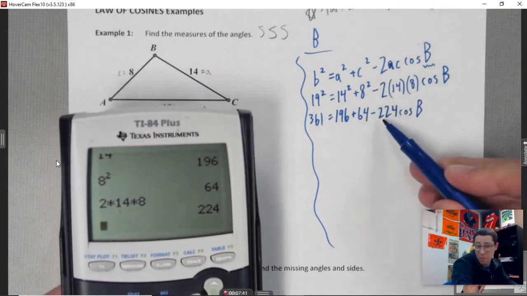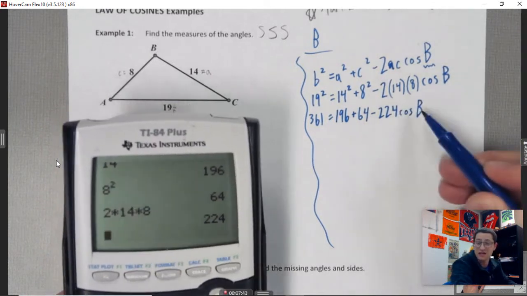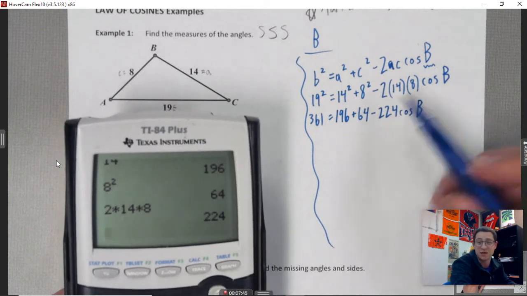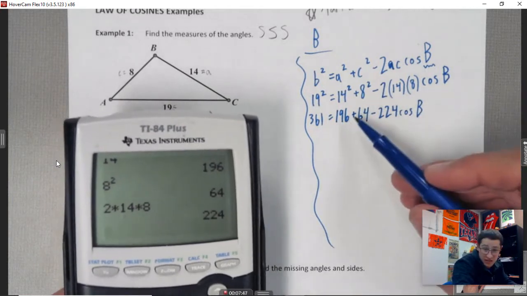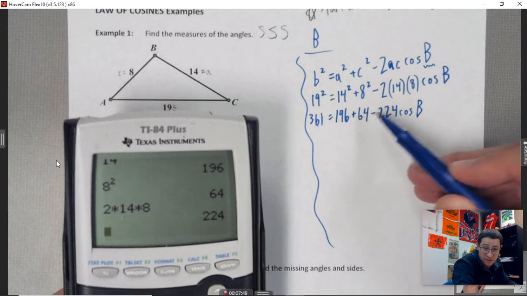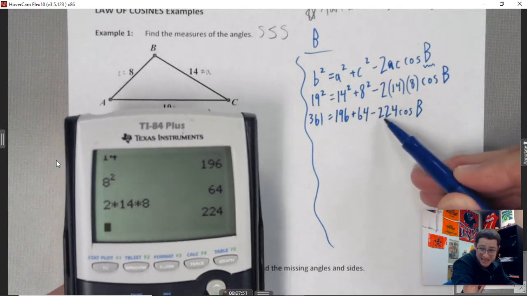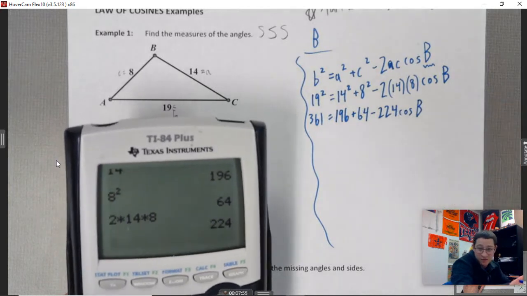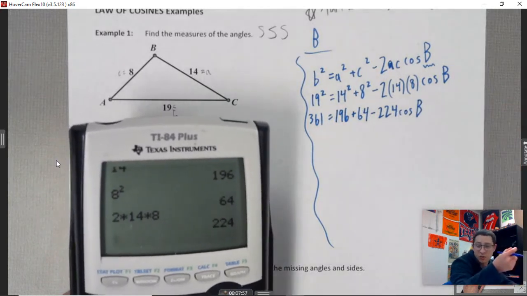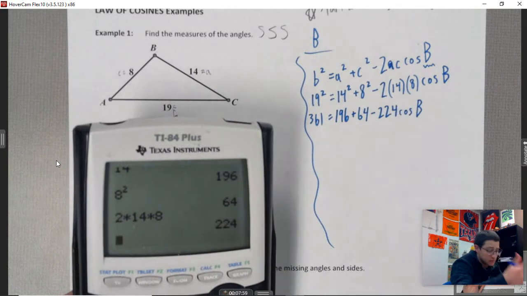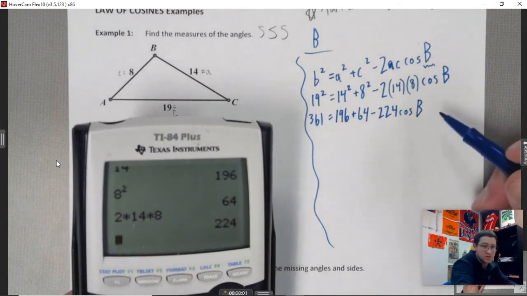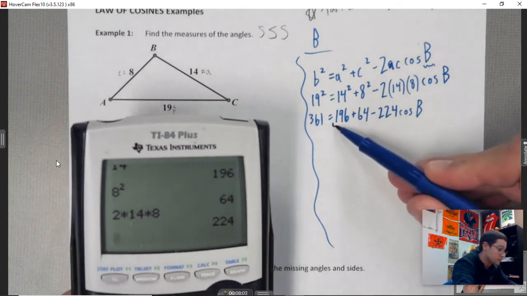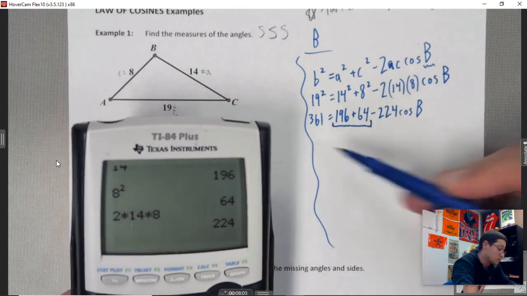Now, remember, we are multiplying all in here, so we can't detach these. Do not fall into the mistake of doing 196 plus 64 and then subtracting here. These are attached. This is like 224 times x. We don't detach that 224 from x, and similarly, we wouldn't detach the cosine of b yet. So yes, we can combine these two. Okay, and then eventually we'll swing those over.